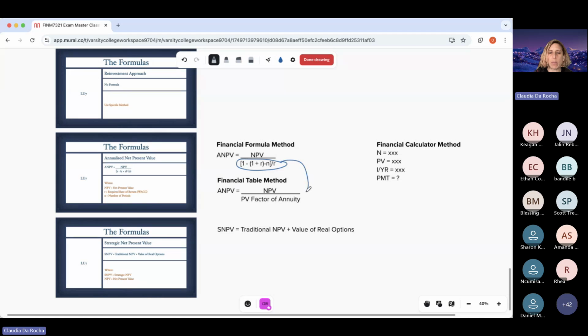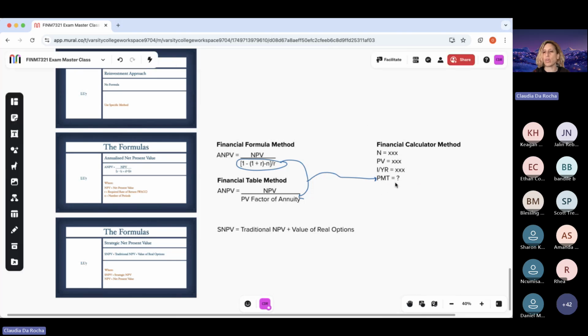Okay, because now what's happening is we are calculating what is the amount that needs to be paid every year. So that's why when you're dealing with your calculator, we're in essence calculating your payment. How much is the repeated amount, the amount that you pay every year? So when we're dealing with the financial calculator method for annualized net present value, this is the method we use.